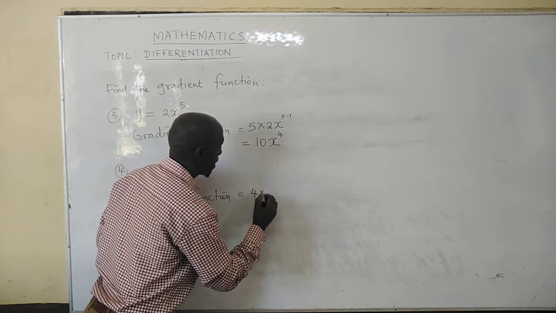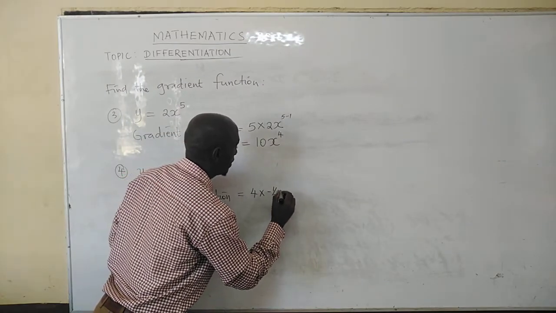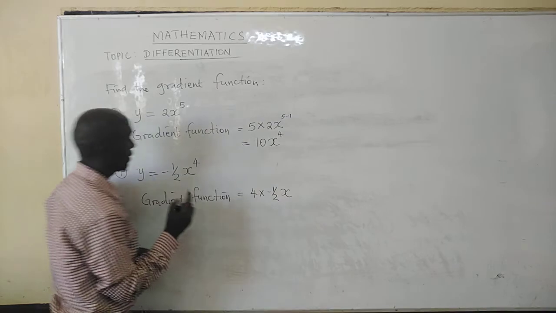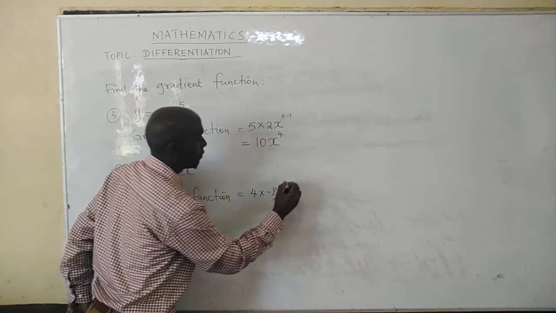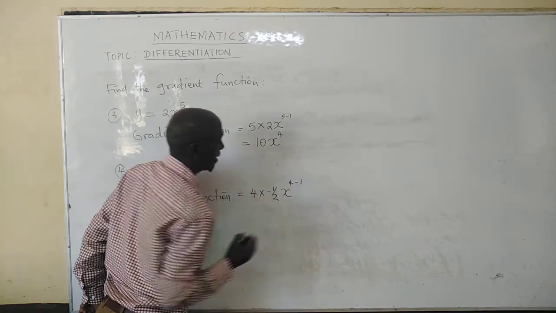The process is the same. Multiply the power by this number. If there is a number before x, you multiply the power. 4 multiplied by negative a half. Don't forget the negative. Then x raised to power 4 minus 1.